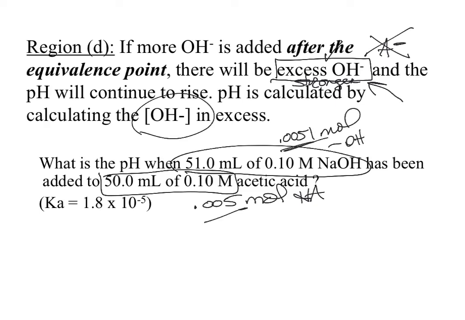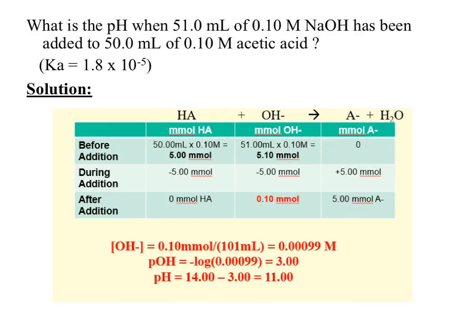All right, so you are going to have 0.0001 excess sodium hydroxide. I think I show it in more detail in the next one. Yeah, here we go. But I have it in millimoles instead of moles. Moles would be fine too.